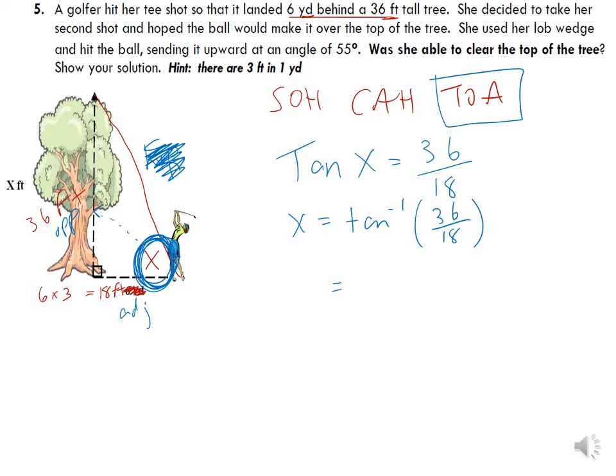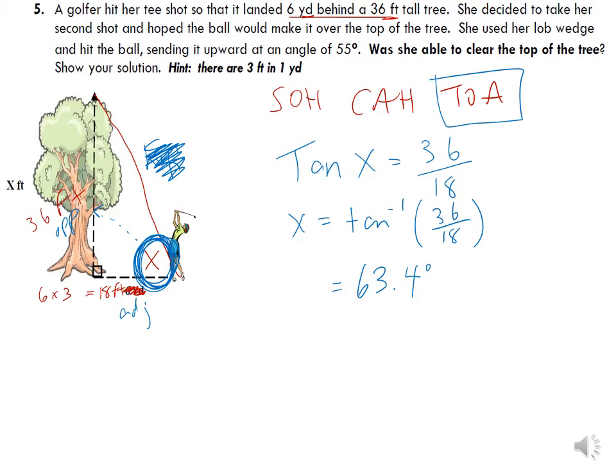And we'll go to the nearest one decimal place, 63.4 degrees. So to answer the question, she needs at least 63.4 degrees to actually touch the top of the tree. So realistically, she actually needs a shade more than 63.4 degrees.